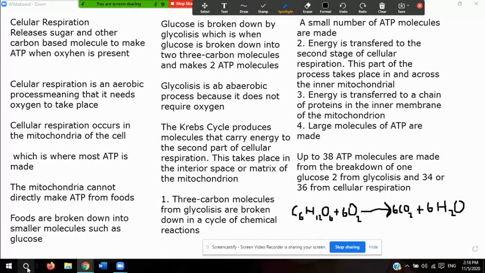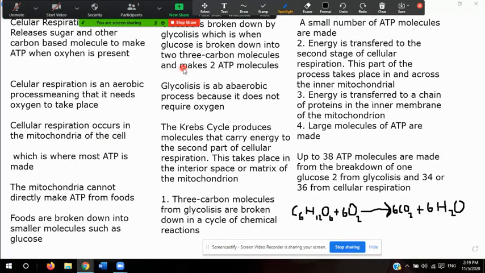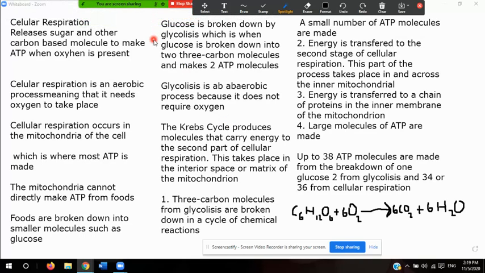Now, we do know that the molecules from the food that we eat must be turned into glucose. And here is another important detail of cellular respiration.